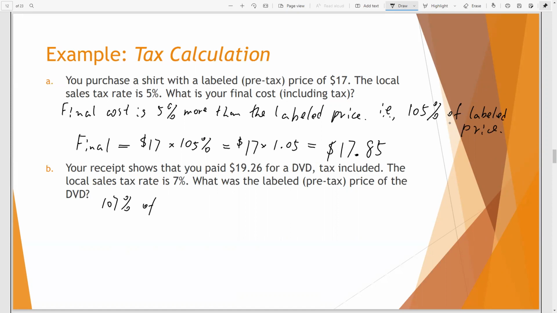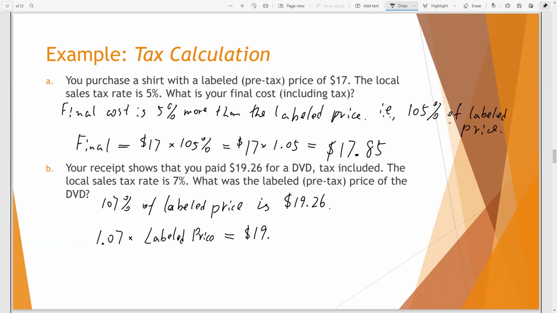And the question is asking for the labeled price. What you paid for the DVD is $19.26. Right, so 1.07 multiplied by the labeled price gives $19.26. And only the labeled price is the unknown.